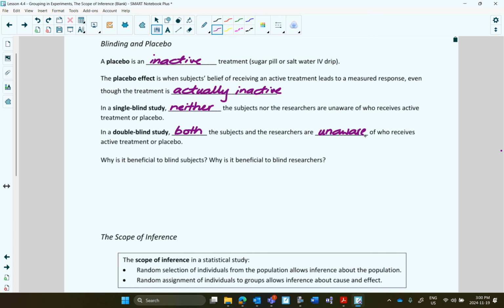That's the big loss. Yeah, thank you. It says neither the subjects. Yeah, I can read. So that means that you're both aware, right? Neither, yeah, it's like neither are unaware. I think you should say either the subjects or the researchers. Okay, we got an English lesson going on here.